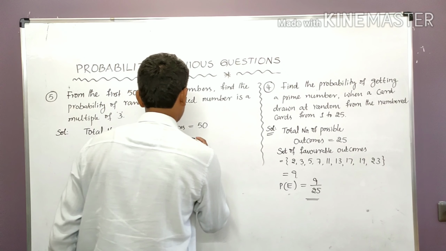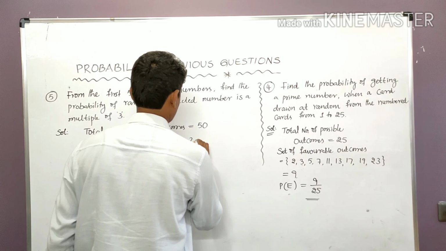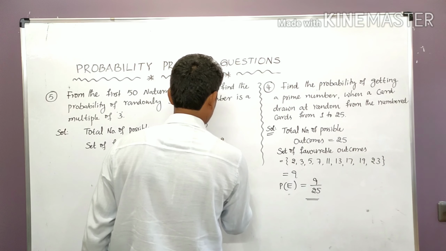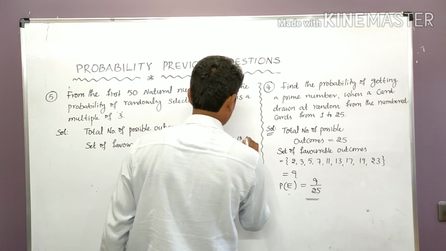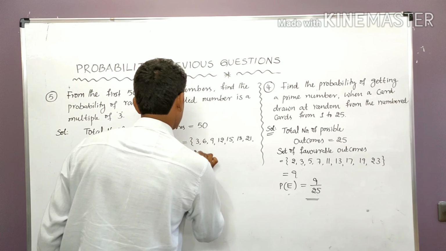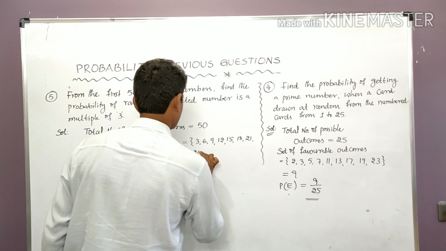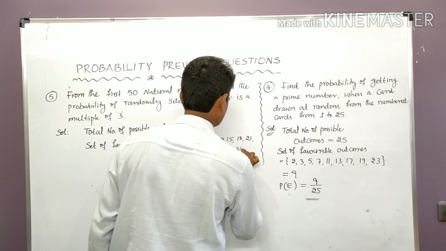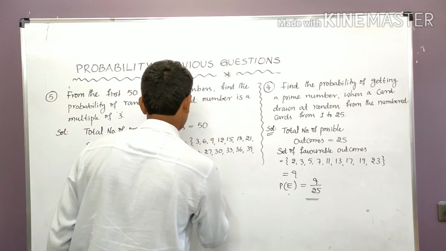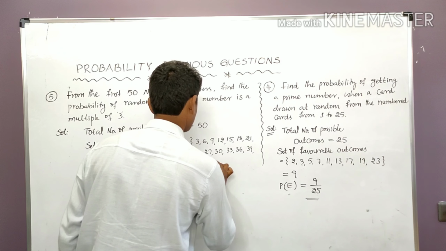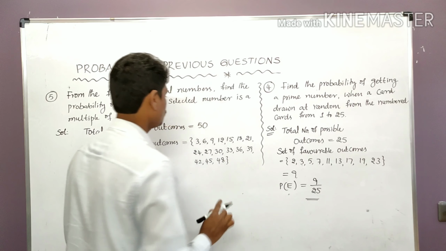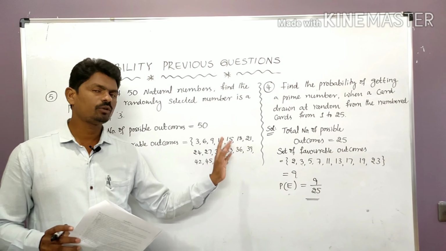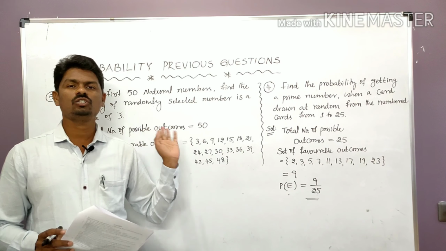So what are the multiples of 3? 3, 6, 9, 12, 15, 18, 21, 24, 27, 30, 33, 36, 39, 42, 45, 48. These are the multiples of 3 from 1 to 50.